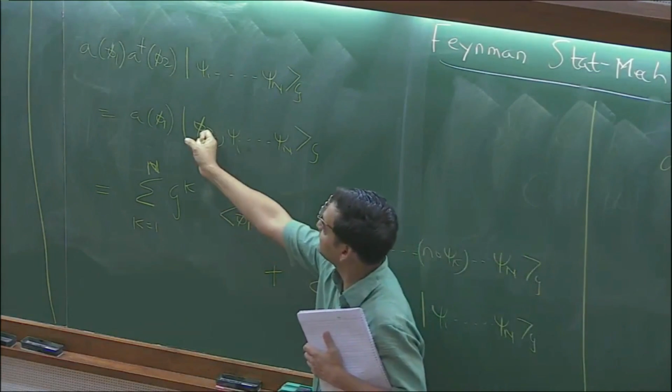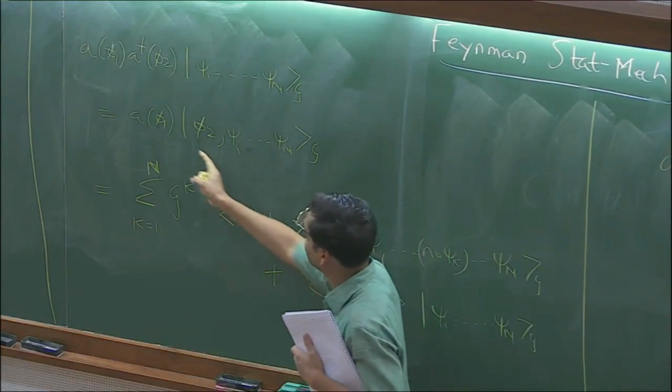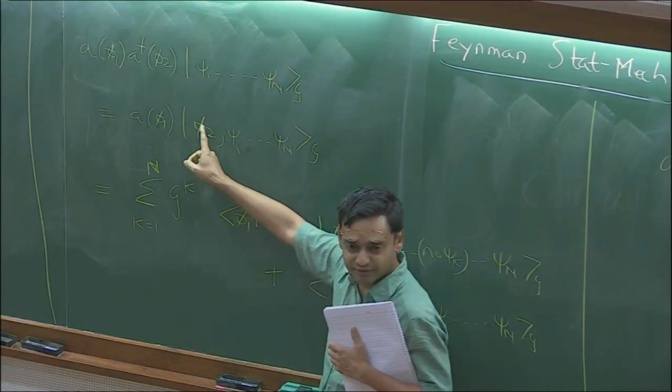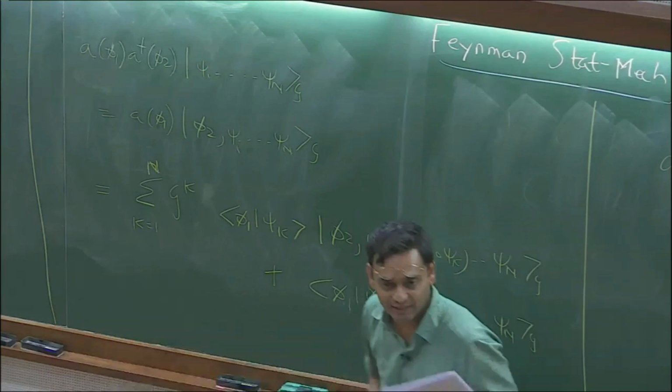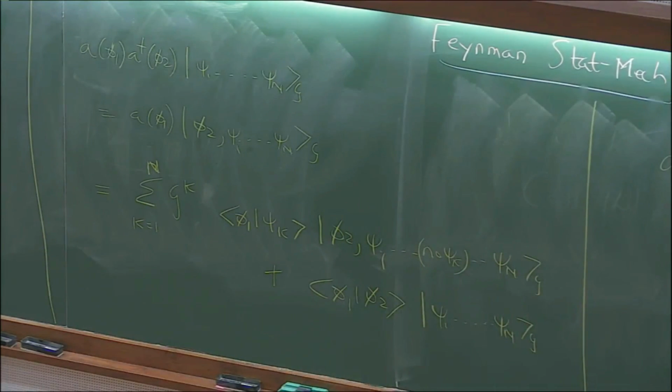Because there's an extra interchange I will need to do to bring that psi k out, interchange with phi 2. So instead of k minus 1, it's a k. Here, there's only k minus 1 interchanges. Right? Compare these two actions.